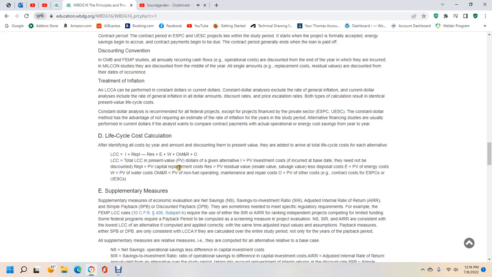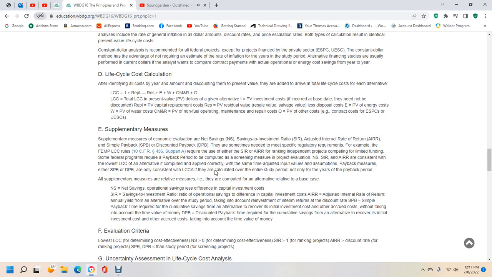REP equals the present value capital replacement costs less residual value, less disposal cost. E equals the present value energy cost. W equals the PV water cost. OMR equals the PV non-fuel operations, maintenance, and repair. O equals the PV of other costs.